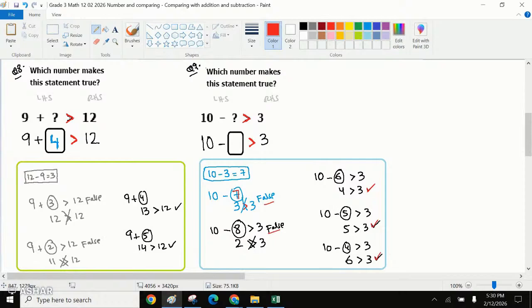So we cannot take a 7. We cannot take a number greater than 7. Even for 9, it would be false. Agreed? So what we do is we take a smaller number. So what is the largest possible number? That is 6. If we take 6 as the first possibility, we can take 5, 4, 3, 2, and 1. But 10 minus 6 is greater than 3.